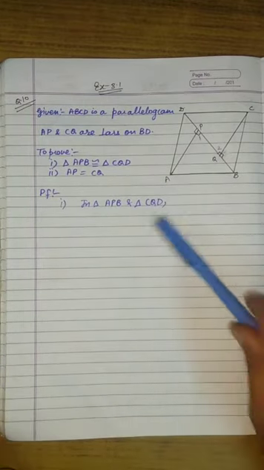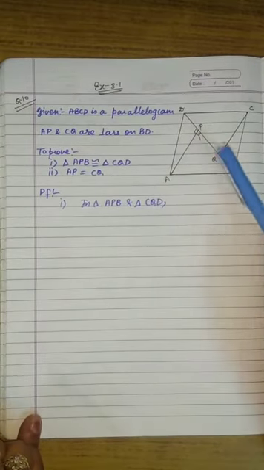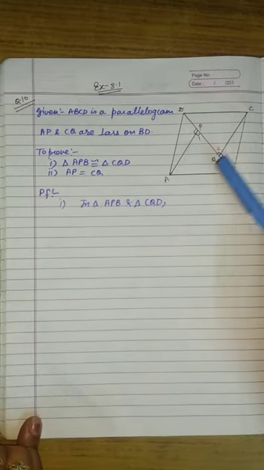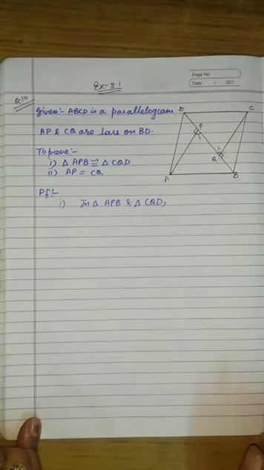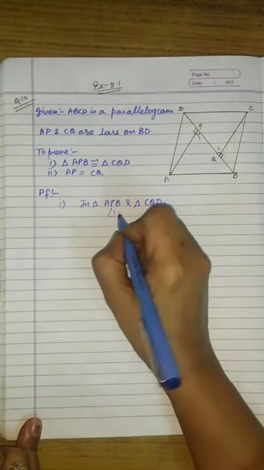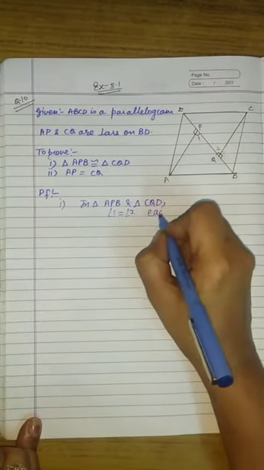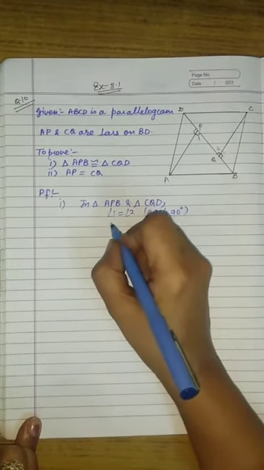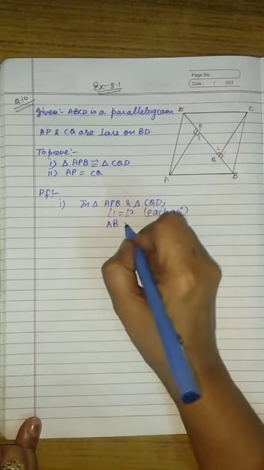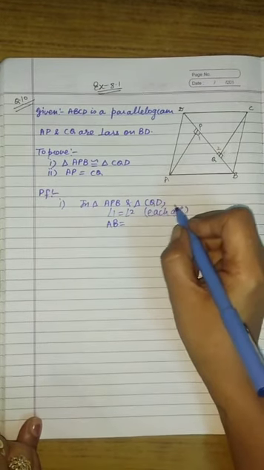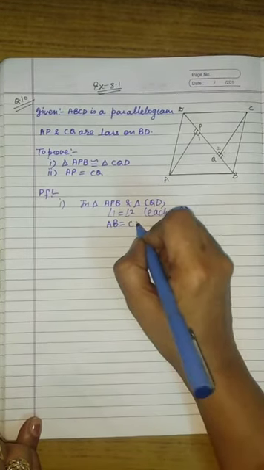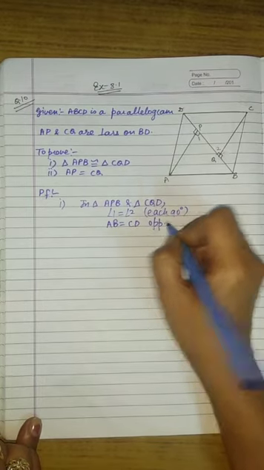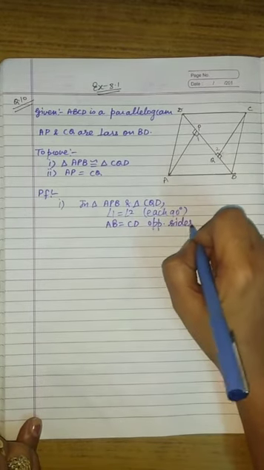In triangle APB and triangle CQD, already we are given that angle 1 is equal to angle 2, each 90 degrees. Then side AB of parallelogram is equal to side CD, opposite sides of parallelogram.